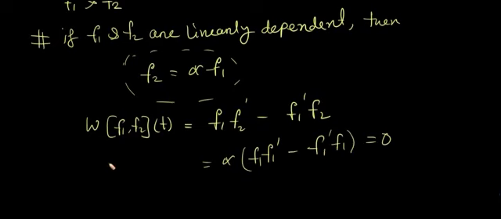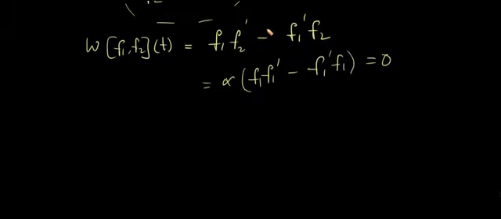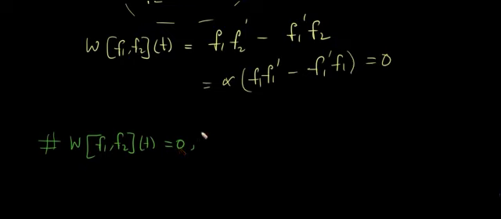So if two functions have the Wronskian 0, then they are linearly dependent. So if the Wronskian of f1, f2 of t is 0, we can say that f1 and f2 are linearly dependent.